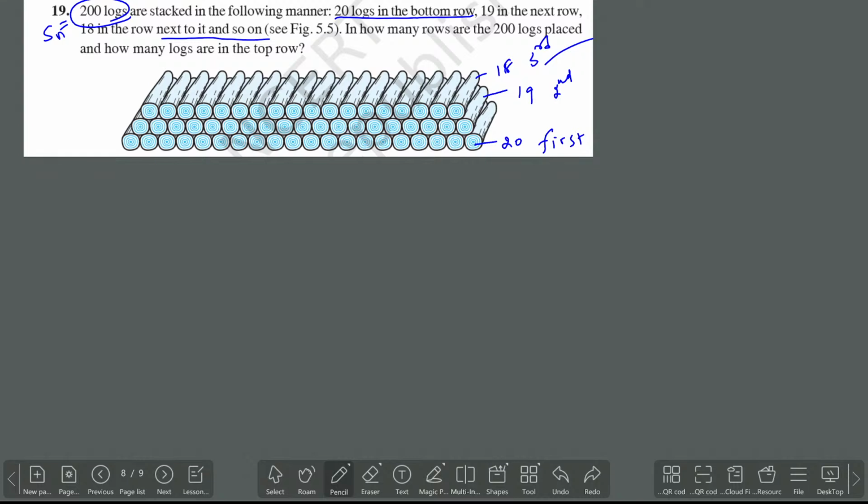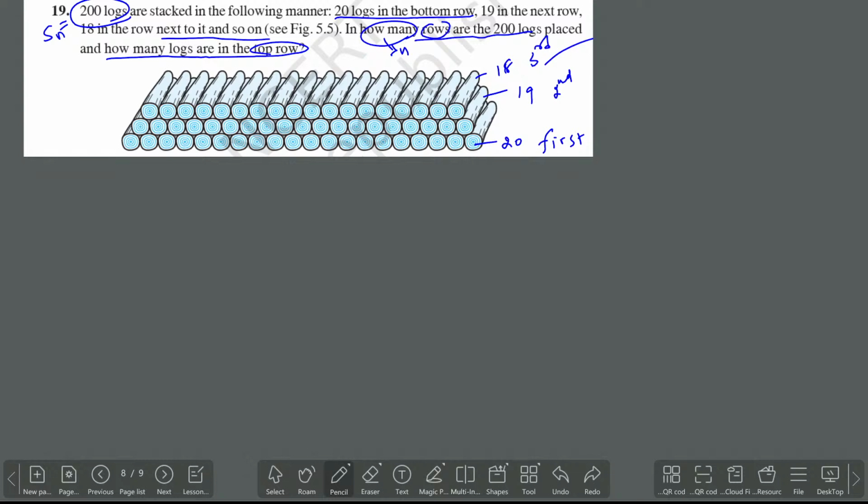In how many rows are there in 200 logs? They are asking how many rows. How many means n. Don't forget, instead of term they have given row. So n we have to find. And how many logs are there in the top row?